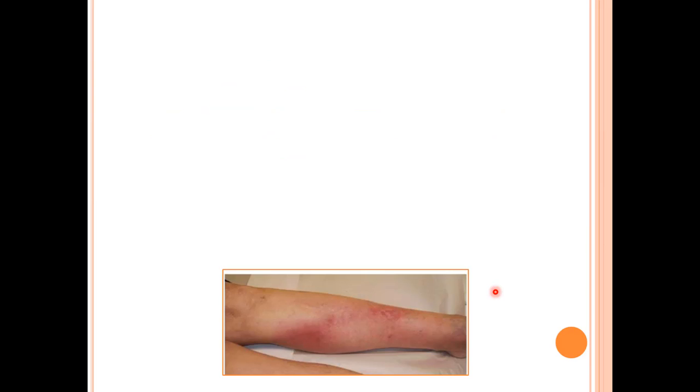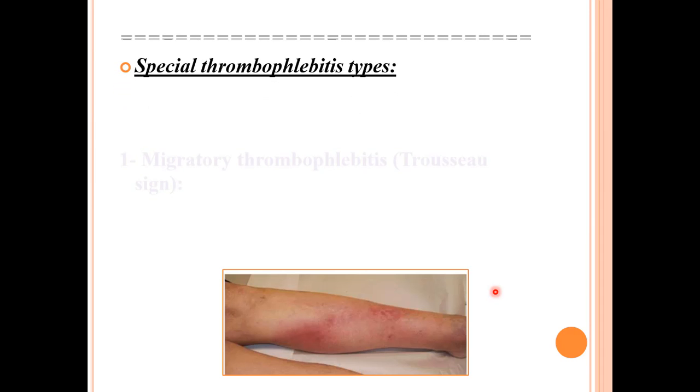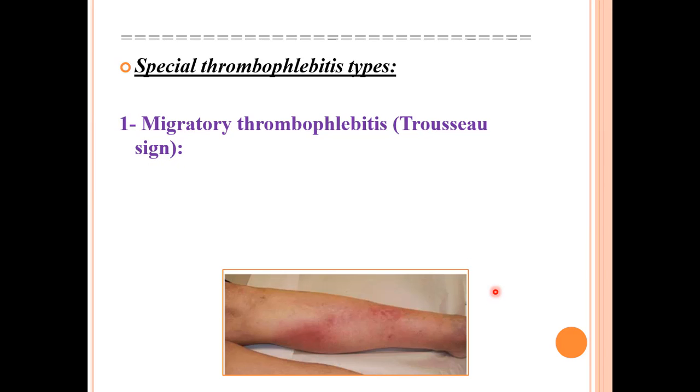Now, we are going to discuss some brief information about some special types of thrombophlebitis. These thrombophlebitis syndromes are quite important because they might be a mark for an underlying significant disease. The first syndrome is called migratory thrombophlebitis, which is also known as Trousseau sign.